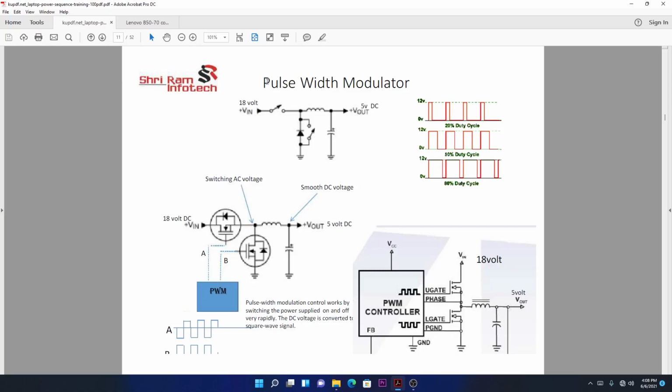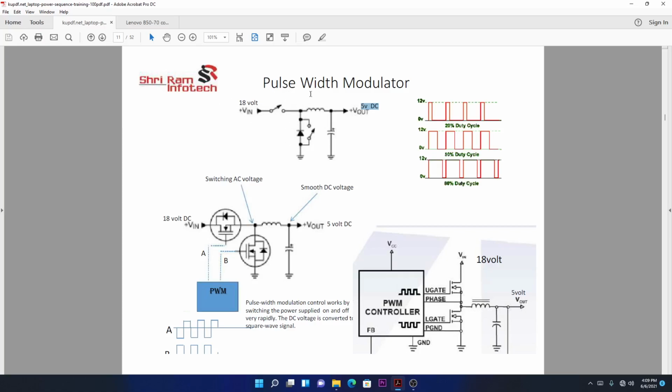Remember, this is pulse width modulation. This is where the MOSFETs turn on and off to generate a specific voltage. For example, here we have 18 volts, but we need an output of 5 volts. How are you going to turn that 18 volts into a lower voltage? By switching it on and off to ground, and you'll have the spark.